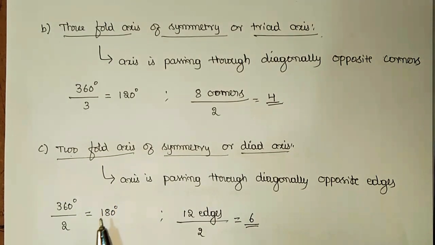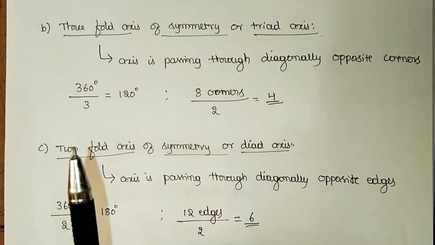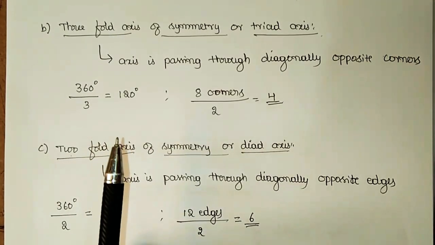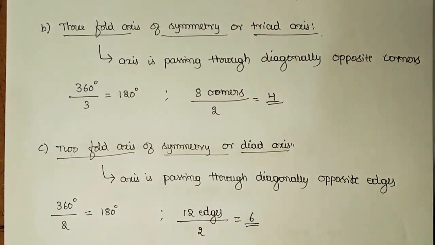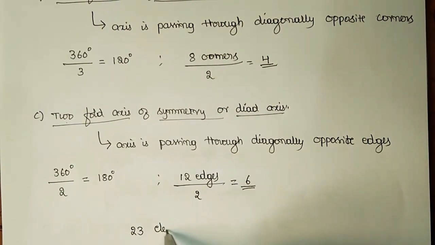So in total, we said in a cubic crystal there is one center of symmetry, 3 plus 6, totally 9 planes of symmetry, and 6 plus 4 plus 3, 13 axes of symmetry. So with 13 axes of symmetry, 9 planes of symmetry, and 1 center of symmetry, a cubic crystal exhibits 23 elements of symmetry.